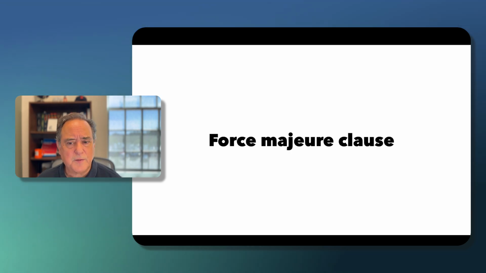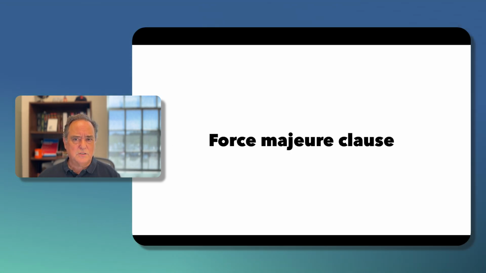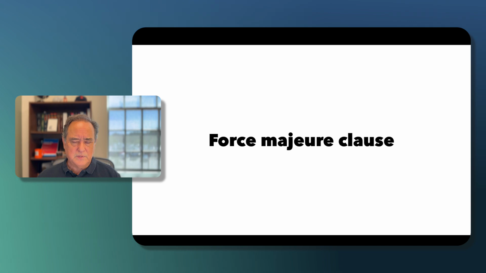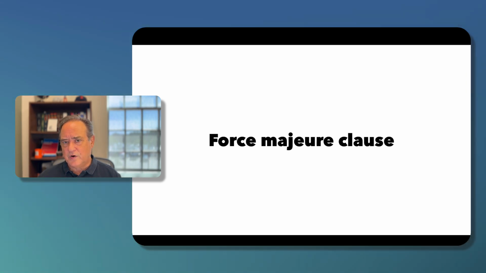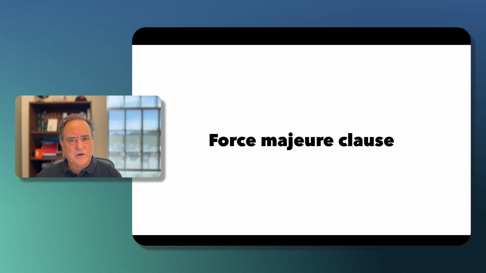The last thing we want to talk about is the force majeure clause. Now, these situations we've talked about so far, things like impossibility, impracticability, frustration of purpose, those are going to be difficult to establish. And as with all things, courts are reluctant to let people out of contracts, and so it can be difficult to succeed on any of those three defenses.